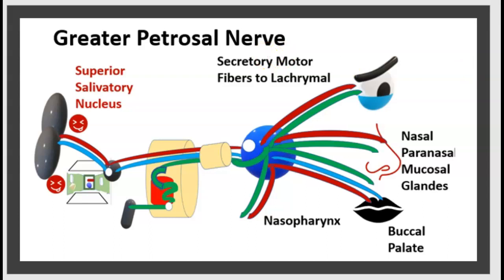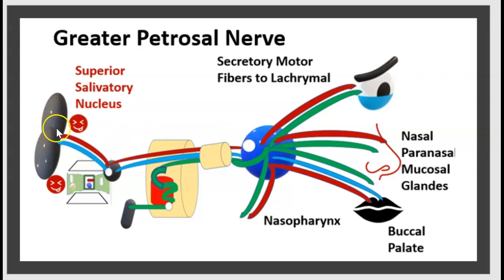The greater petrosal nerve is a nerve that branches from the facial nerve. It forms part of a chain of nerves that innervates the lacrimal gland. The preganglionic parasympathetic fiber axons of this nerve synapse in the pterygopalatine ganglion.